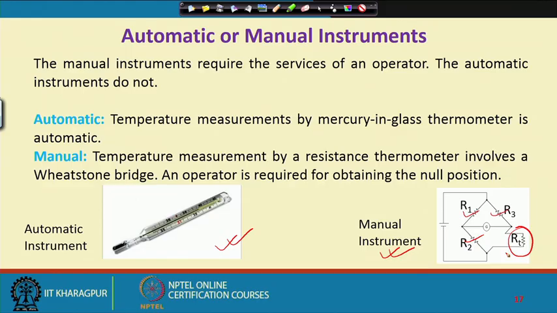One point to be noted here is this, that an automatic instrument does not necessarily have to be very complex with respect to manual instruments.